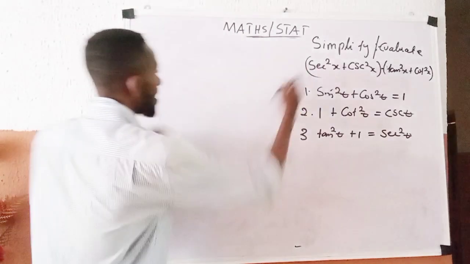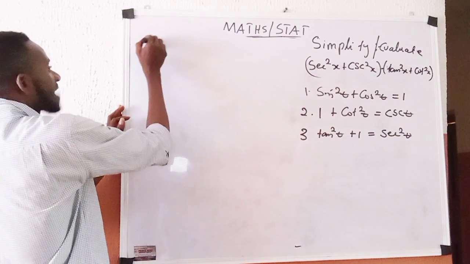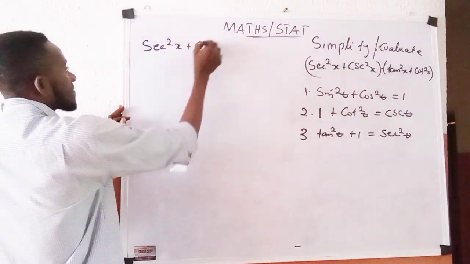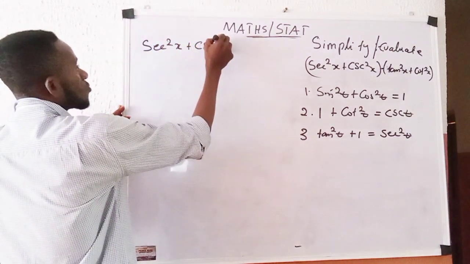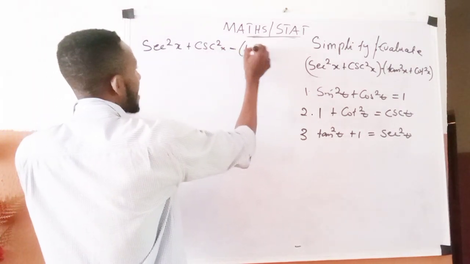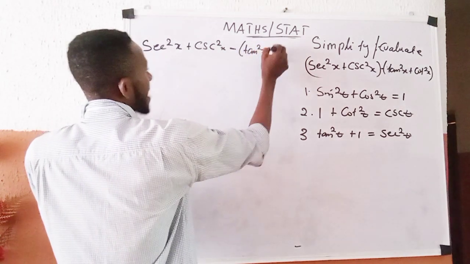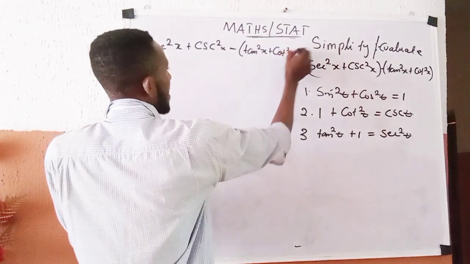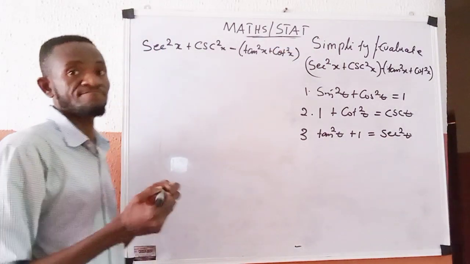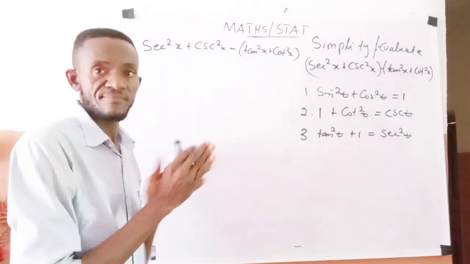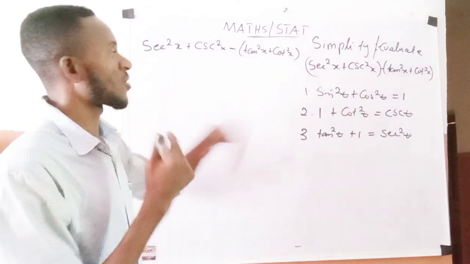So what we have here becomes sec squared x plus csc squared x minus open a bracket, tan squared x plus cot squared x, close the bracket. So when we come here, what we are going to do is this.